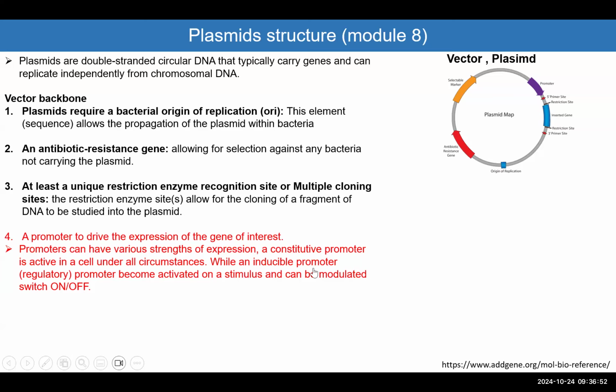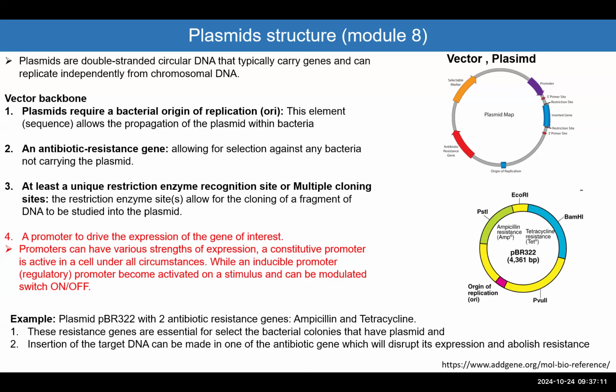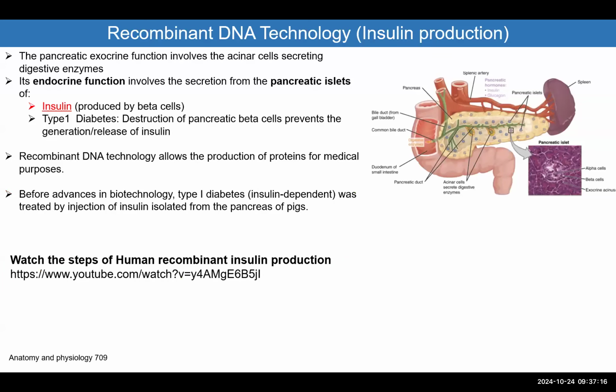So with an inducible promoter, we decide when we turn it on and when we turn it off. So now it makes sense that if you want to express a gene of interest, you have to select the right promoter. And in vitro, when we do research, we mostly use promoters that are active from viruses.